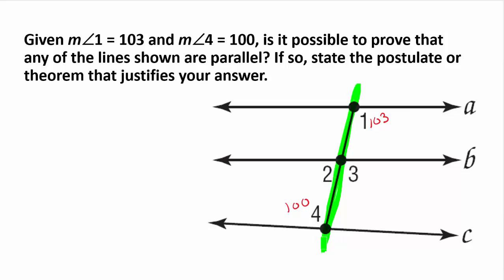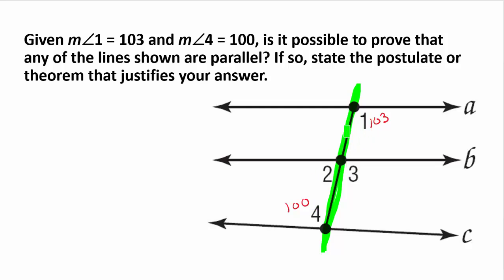The lines that we're looking at are A and C, because those are the two lines that are cut by the transversal that form the angles we're looking at. Angle 1 is 103, and angle 4 is 100. Those two angles, by definition, are alternate interior angles.